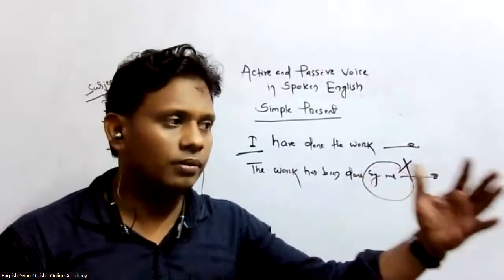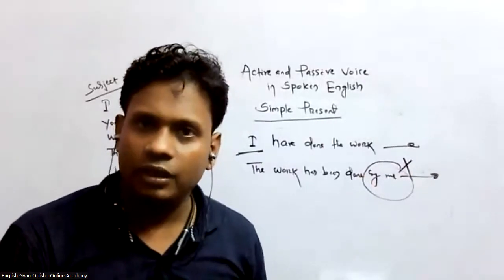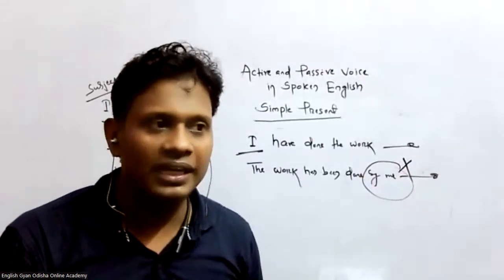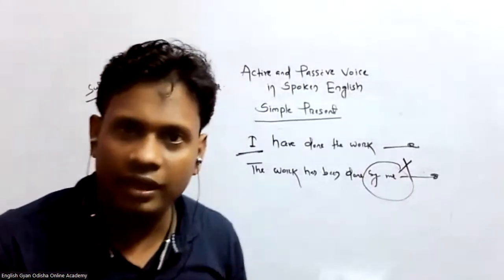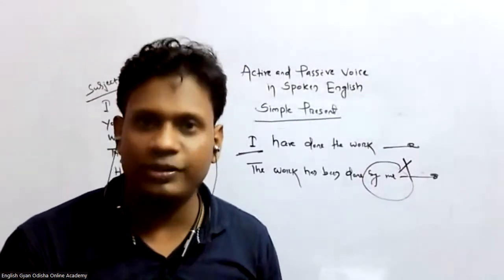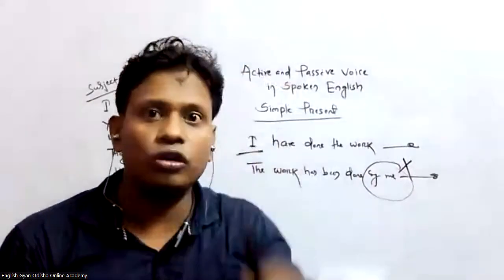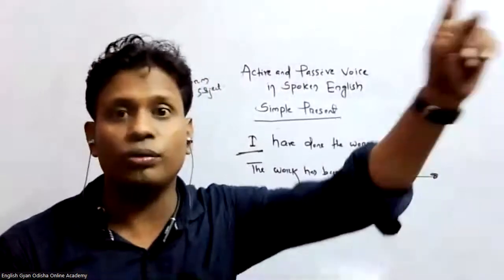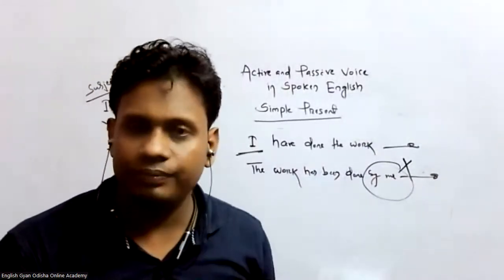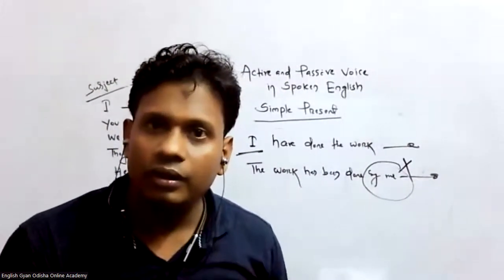The patient has been operated. Wherever you go in a medical setting, the patient's operation is done. The patient has been operated by whom? There may be 5, 10, 20 doctors. No, it has been operated, so they don't want to reveal.